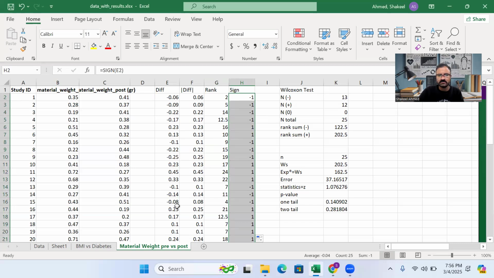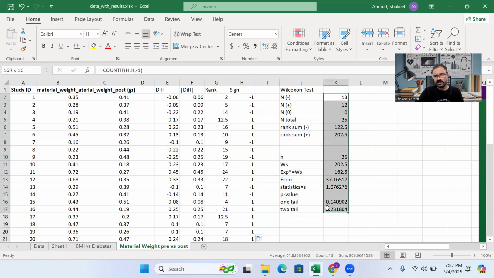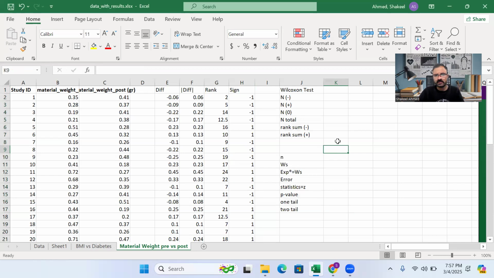If there are zeros, you can just skip that, or you can write 0. So we have the set of positive differences, and set of negative differences. And we will find the rank sums. So these are the results already I have written.